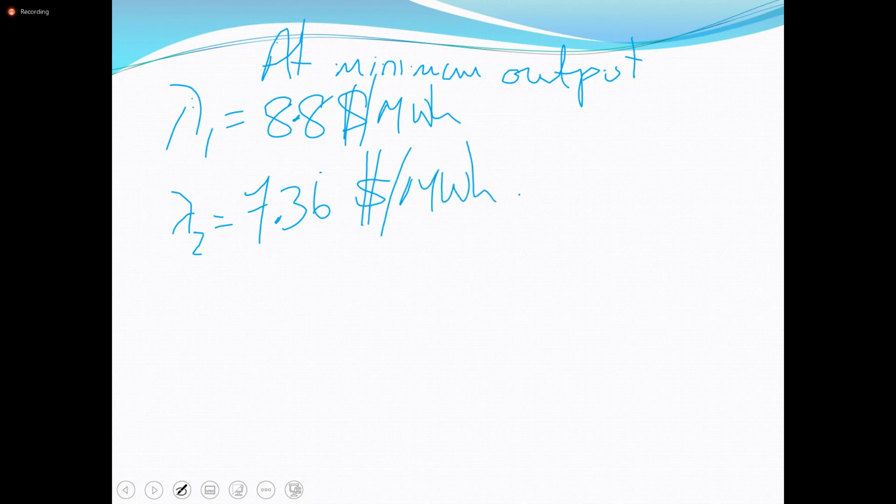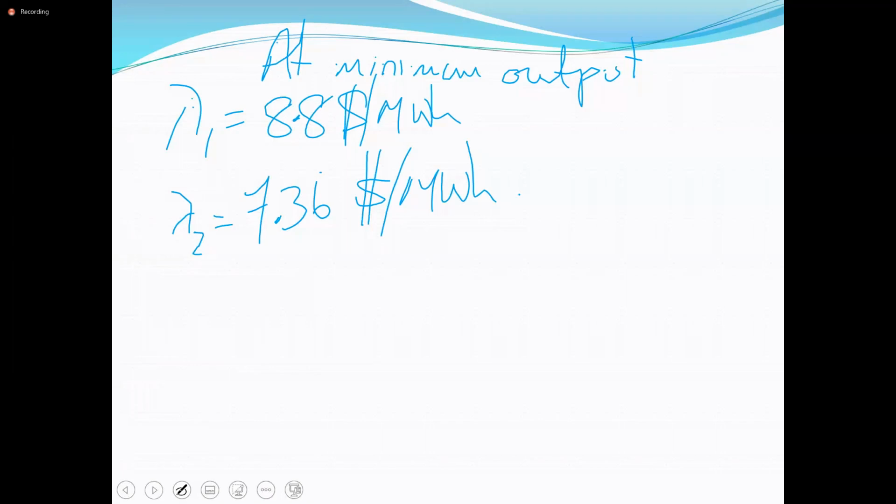All right, so because we know we're operating a plant with 2 units, and because unit 2 is the more efficient of the 2, it means that we're going to take the additional megawatts from unit 2.